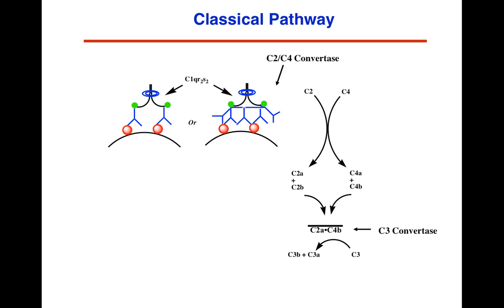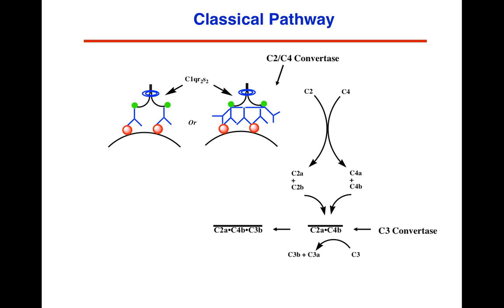This turns out to be one of the critical factors. You're going to have lots more of the C2A, C4B than you had of the C1q, so more C3 is going to be turned over, and it gets further amplified. So you get another enzymatic amplification of the reaction.